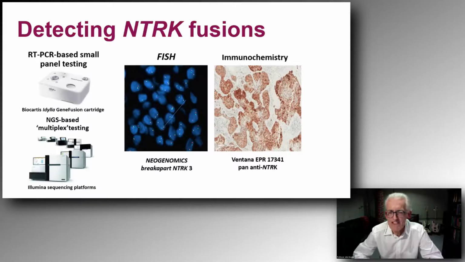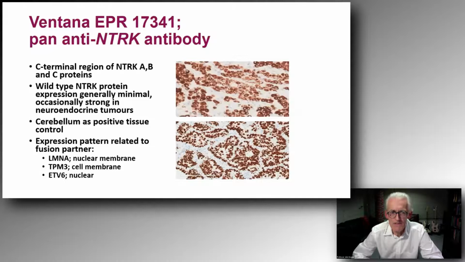On the right, we can see the protein product of that particular dislocation and fusion, as revealed by the Ventana EPR17341 pan anti-NTRK antibody.